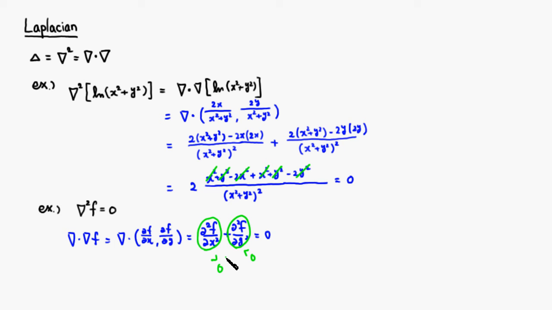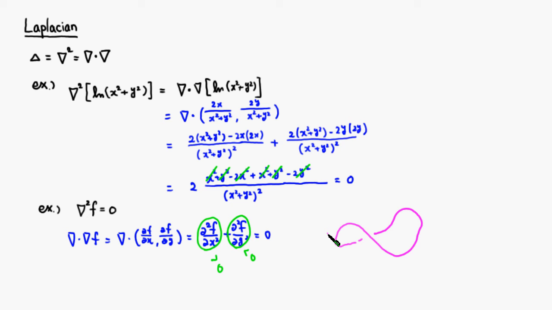So this equation, the Laplacian being equal to 0, is used for something like a minimal surface. For example, say you have a wire which looks kind of like this, and you dip that into soapy water and let the soap film form.